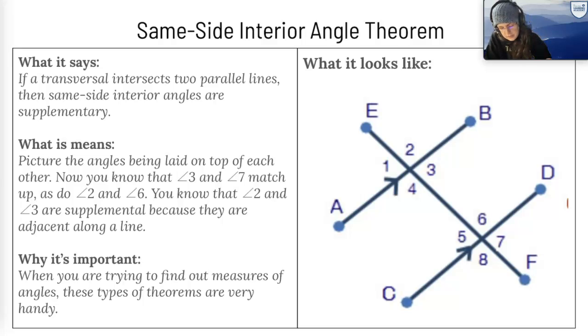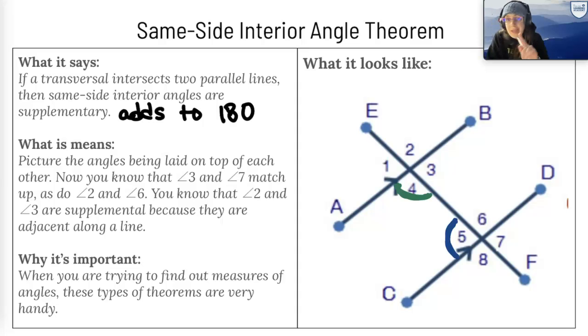Same side interior angles. They are not congruent. They are supplementary. What is supplementary? Supplementary adds up to 180 degrees. So same side interior angles are inside of the parallel lines, on the same side of the transversal, and add up to 180 degrees.